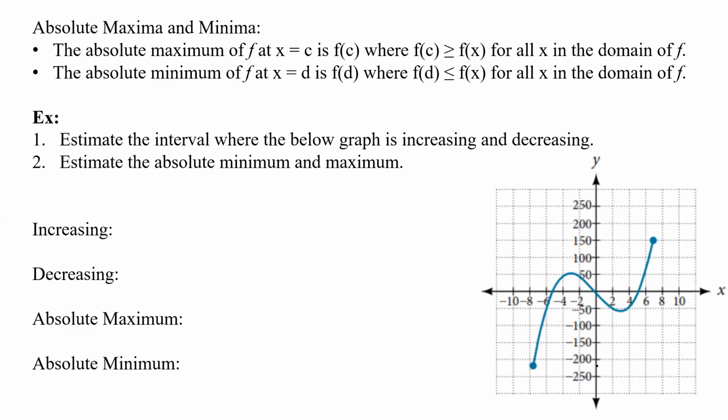So if we come over here, that's about at that point there, which is maybe negative 7.5, negative 220. And this one looks to be at 150, so that's okay. And so this point here looks to be about 7, 150.